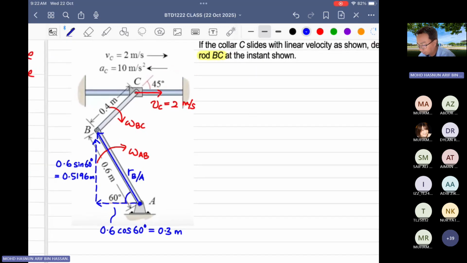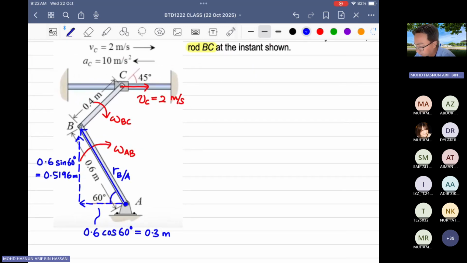So now let's write this down in vector. So you have RB slash A vector is equal to, you see that the X component is pointing to the left, which is negative. So it is minus 0.3 i, right? And then the y component is pointing upwards, which will be positive, so plus 0.5196 j in meter. So that is the position vector of RB slash A.